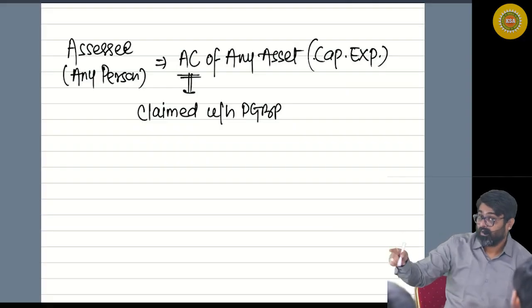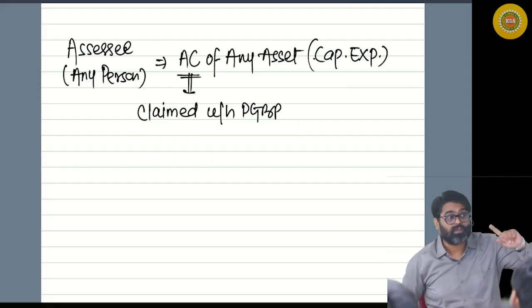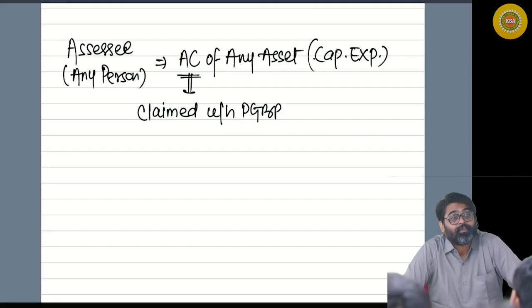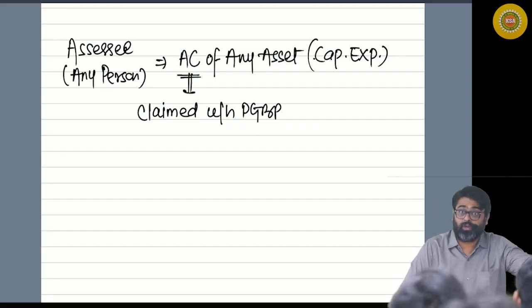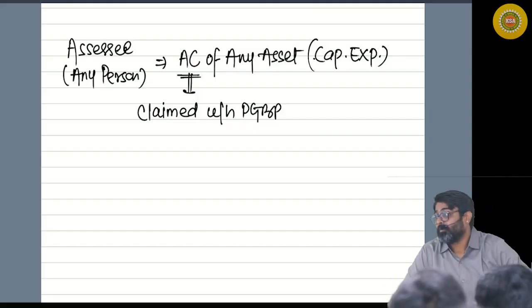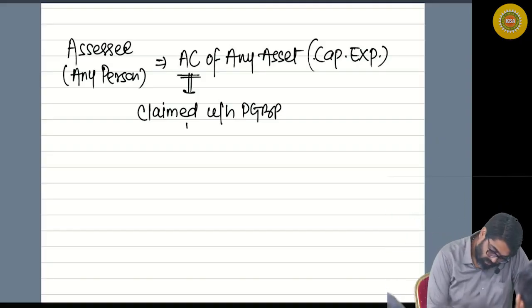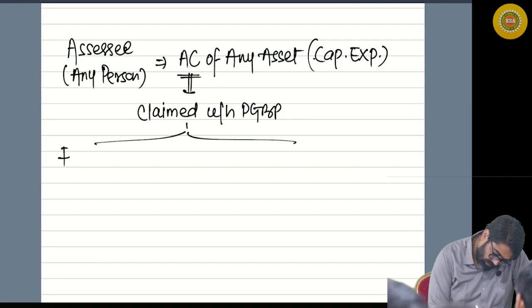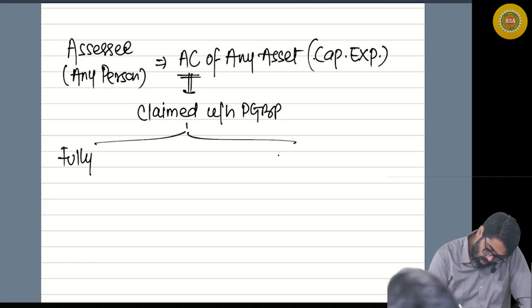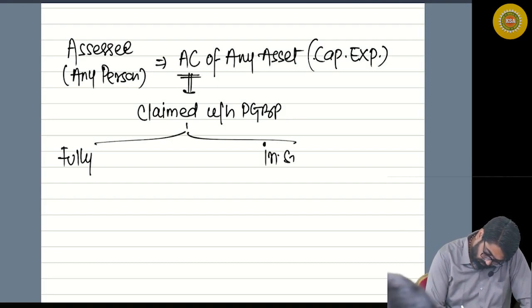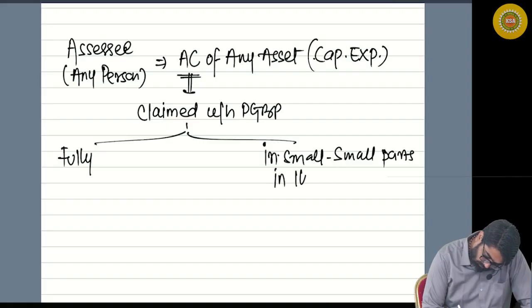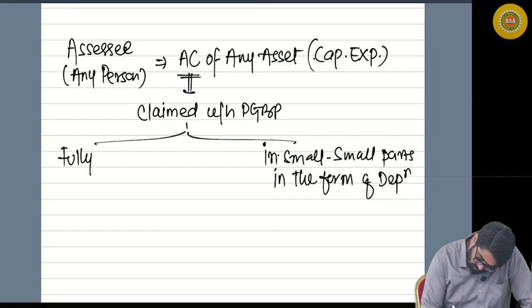So if you take the benefit of section 35AD, then this actual cost can be claimed fully. If the asset was acquired in the business for scientific research, the actual cost of that asset will also be allowed fully. So this actual cost can be claimed under the head PGBP either fully or in small parts in the form of depreciation.